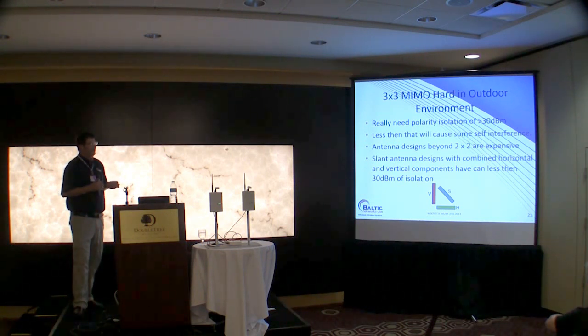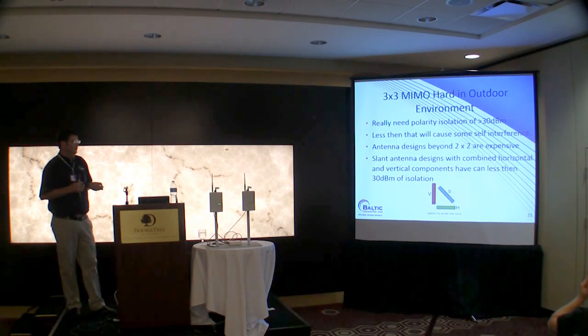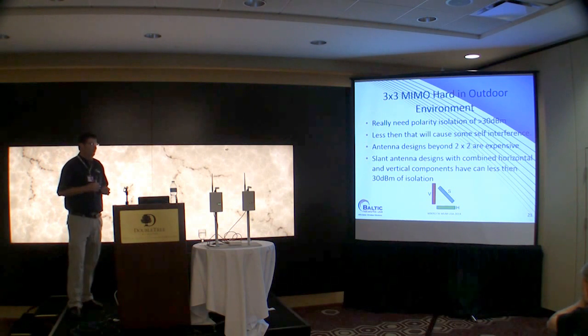So you really need a high isolation on your antenna to be able to maintain the same data rates on the 256 QAM rates, or very strong signal. You can cause self-interference in a 3x3 environment. So it's really best to look for antenna designs that have very good cross-polarity isolation. There are a few companies making antennas, and you'll find them next door here, that have some really good isolation levels in them.